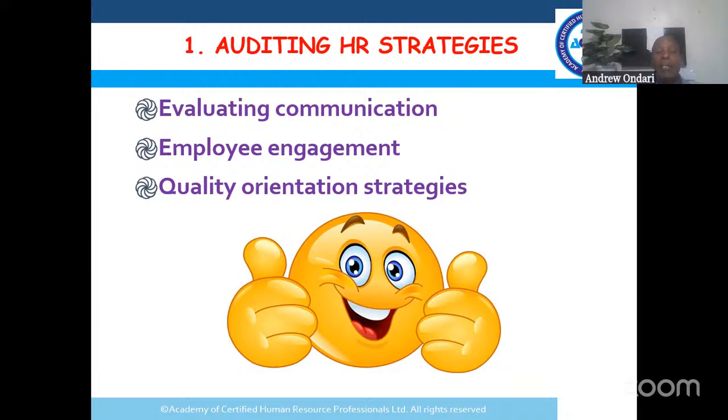Any question in relation to the three? Particularly the last one, quality orientation strategies, because that is what we have just finished looking at.